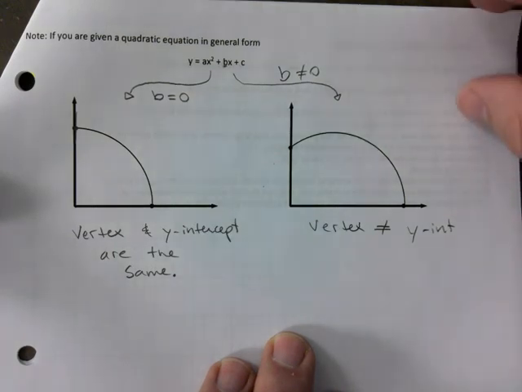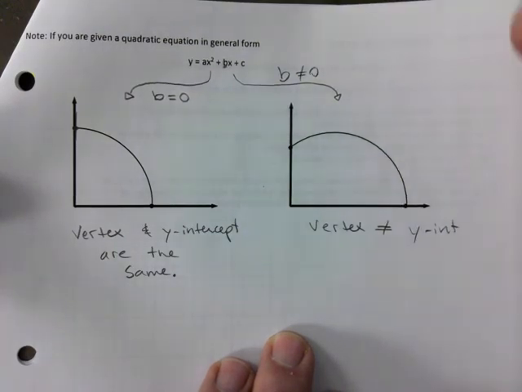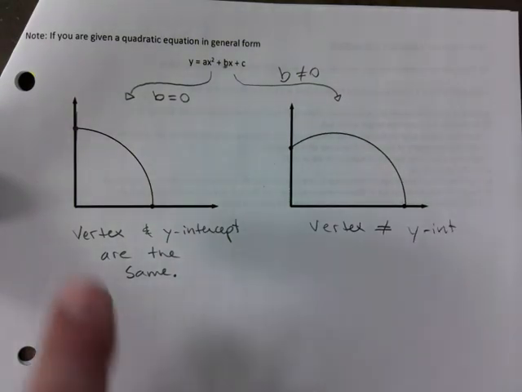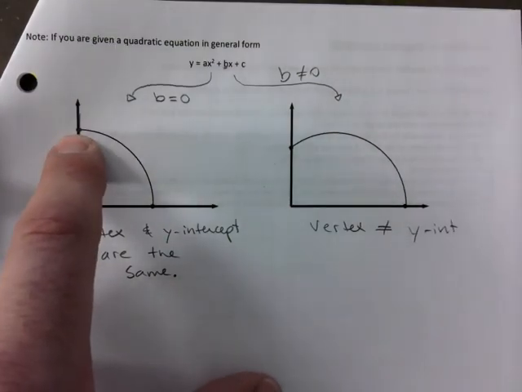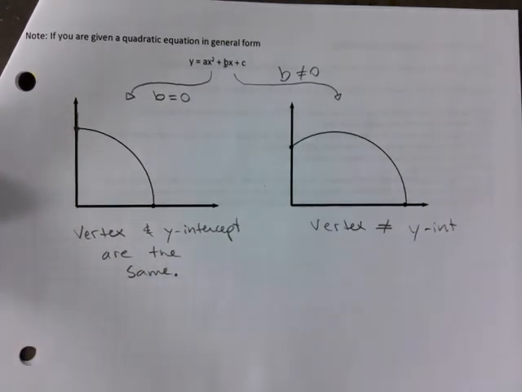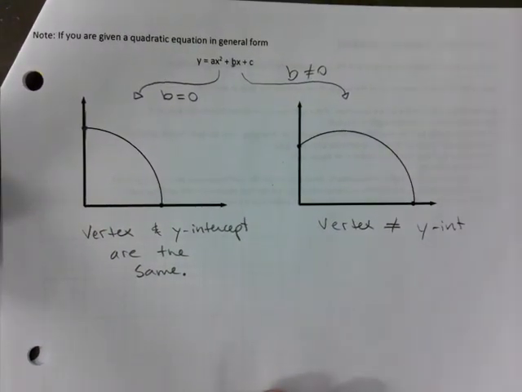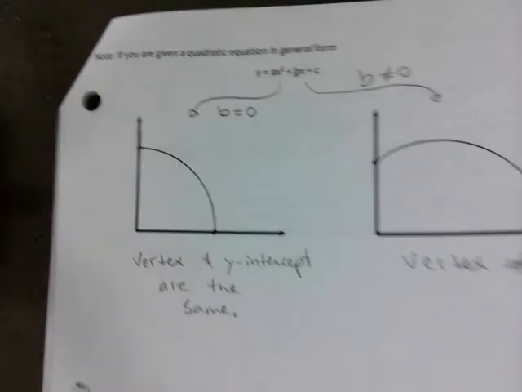It shouldn't throw you off, but some students doubt themselves when this happens. They find the vertex and the y-intercept, get the same answer, and think something is wrong with their calculations. It's not. So let's go over to word problems.